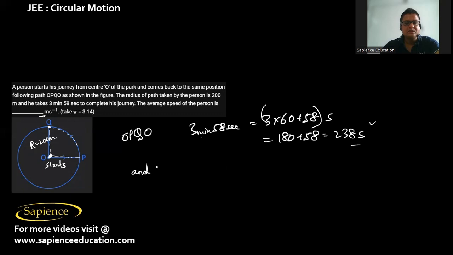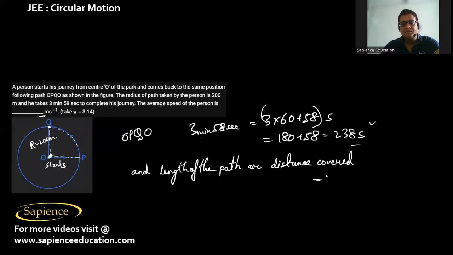And the distance covered by the person will be equal to OP plus PQ plus OQ.